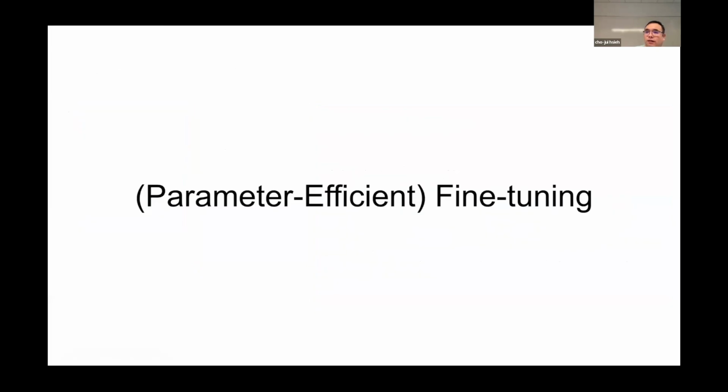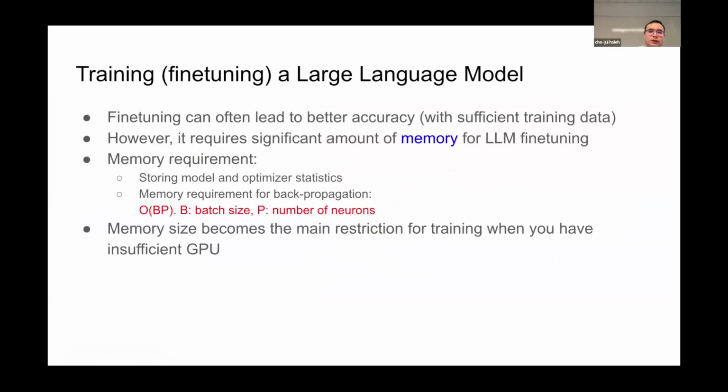Okay. So we only have 15 minutes left, so I will quickly go through the parameter efficient fine tuning part. It's just a few slides. I think you already saw previously in BERT or smaller language models, we always do fine tuning. We have pre-training and then fine tuning. But in the large language model, what's changed is the size of the model. So if we want to fine tune the model, it requires a large amount of memory.